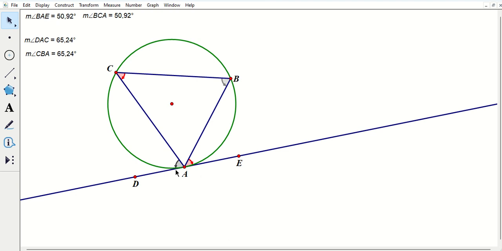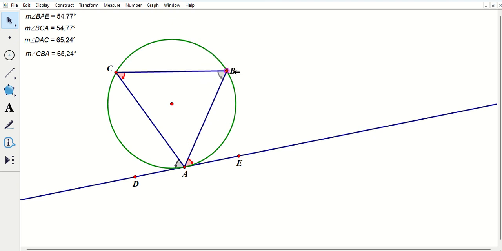So the angle formed by the tangent and chord AB is equal to the angle subtended by chord AB. So that is called the tangent-chord theorem.